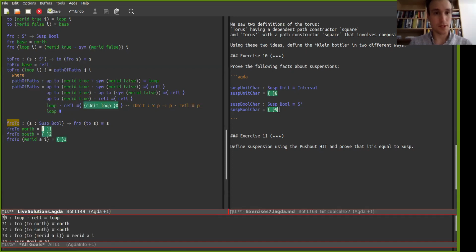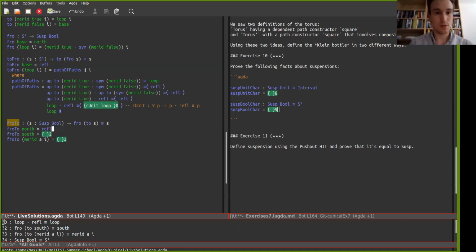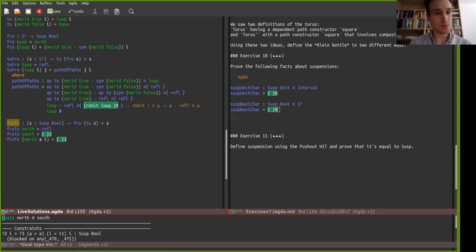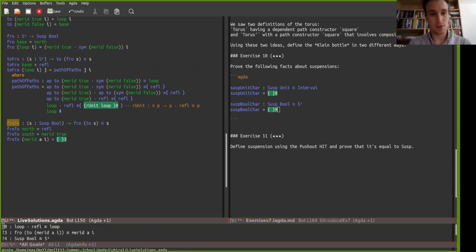So there's a lot of pattern matching going on. This is just refl. This is maybe just mirrored of 2. Doesn't really matter.